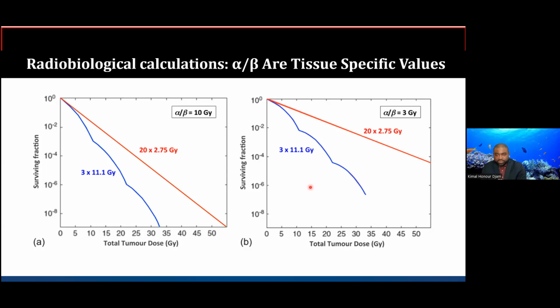In general, alpha and beta are therefore the linear and quadratic radiosensitivity coefficients that characterize the linear quadratic model, which in turn depends on both the cell type and the cell environment.